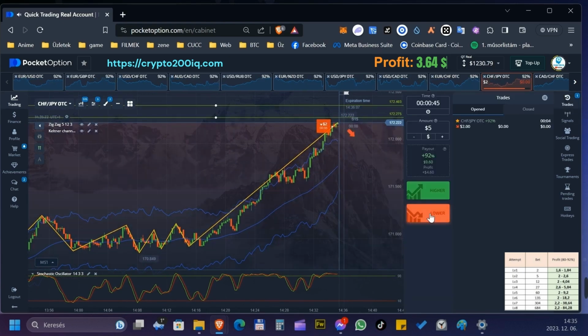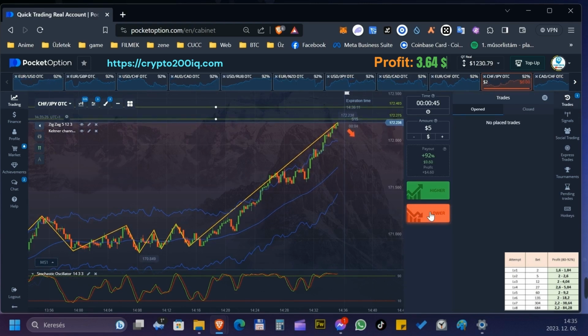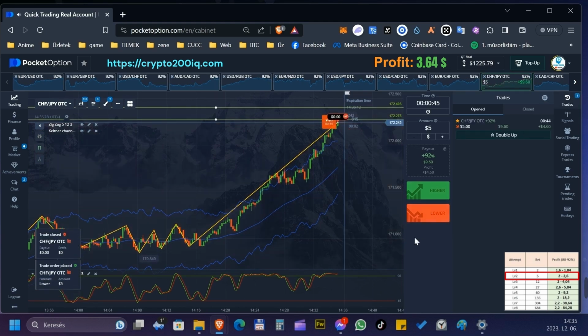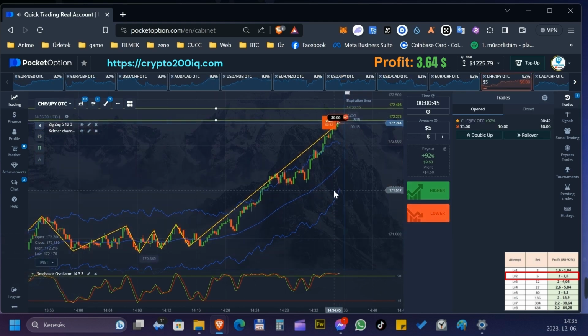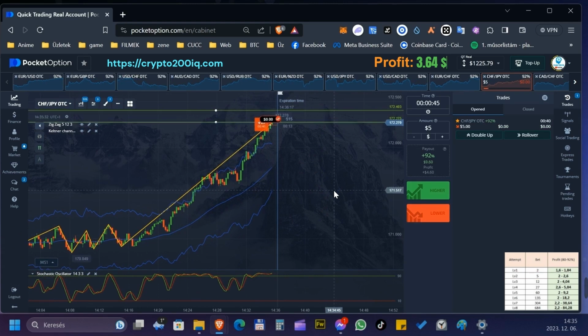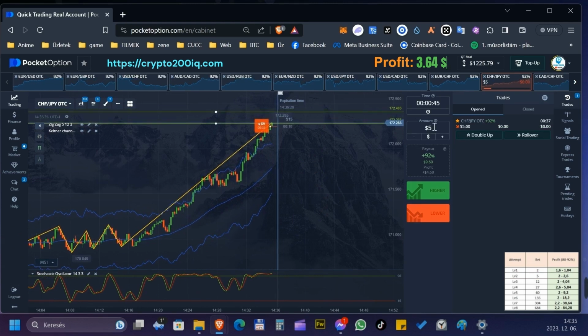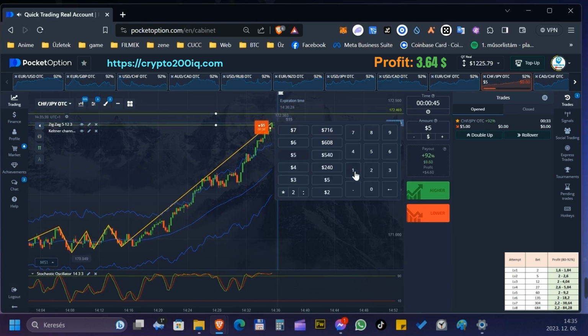We set the next bet at $5. This is already a higher stake. Well, our time ran out, so we couldn't wait for the line. We bet downward. And we recalibrate the price, set the next bet.